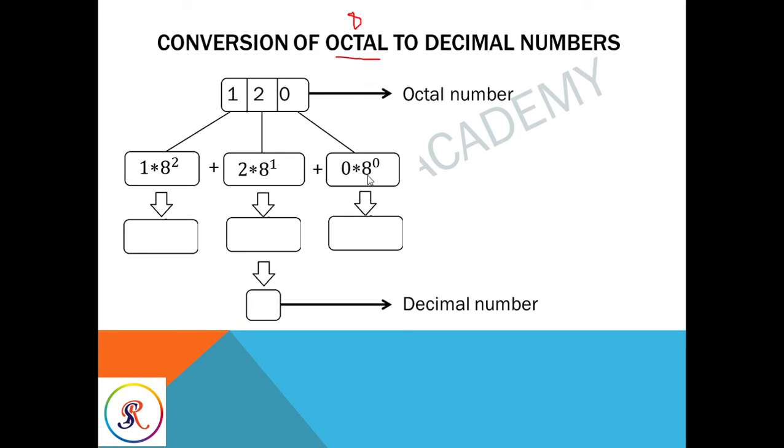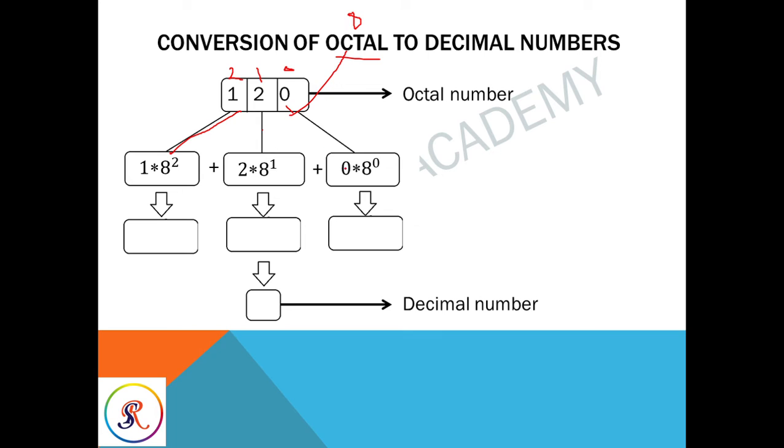Now 0 into, same only, this digit is the first digit, second digit, next this digit, last digit. So we know the powers are 0, 1, 2 in this case. What is the base? Base is 8.